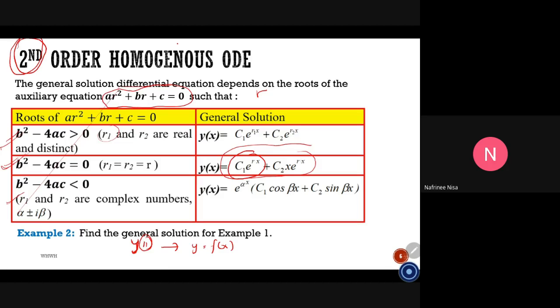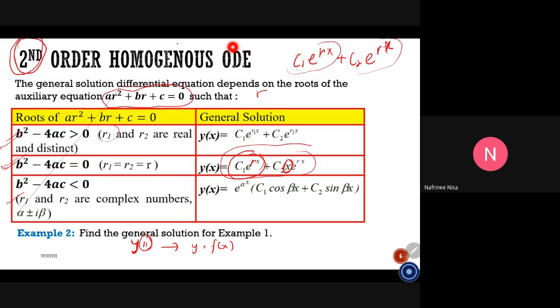Kita darab x ni dengan e to the power of Rx sebab R dia happen to be sama. So you tak boleh nak buat C1 e to the power of Rx plus C2 e to the power of Rx. Bila you just let it macam ni, dia tak jadi linearly independent.